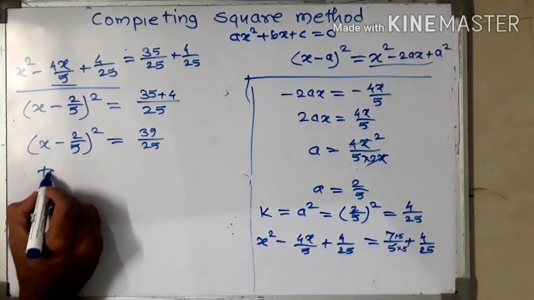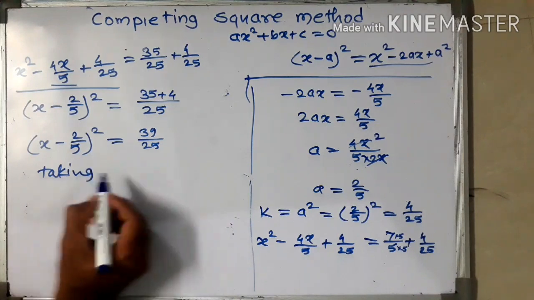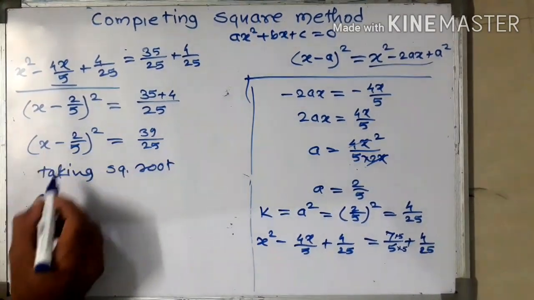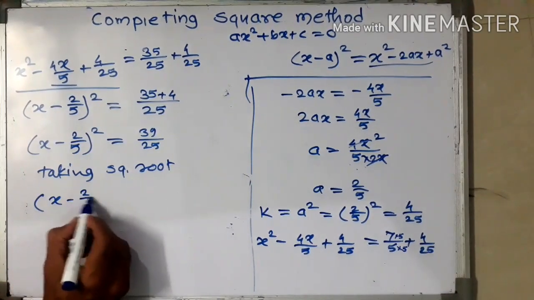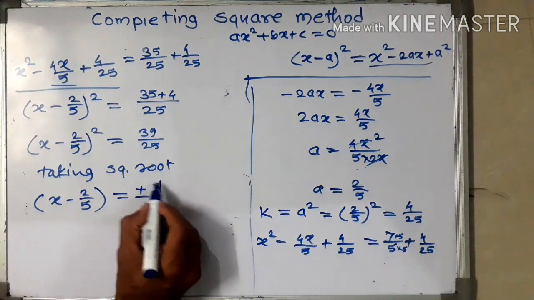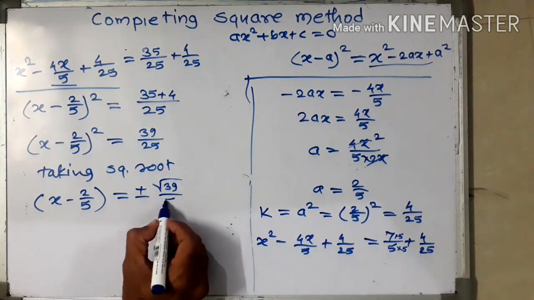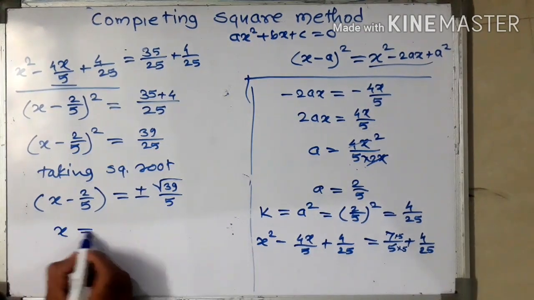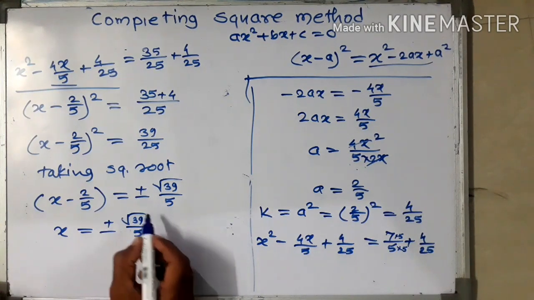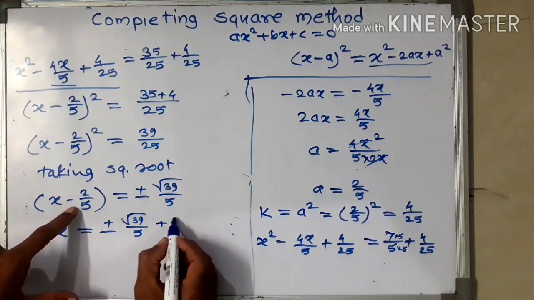By taking square root of that polynomial, x minus 2 upon 5 equals to the root of that term, plus or minus root 39 upon 5. Now x equals to plus or minus root 39 upon 5 plus 2 upon 5.